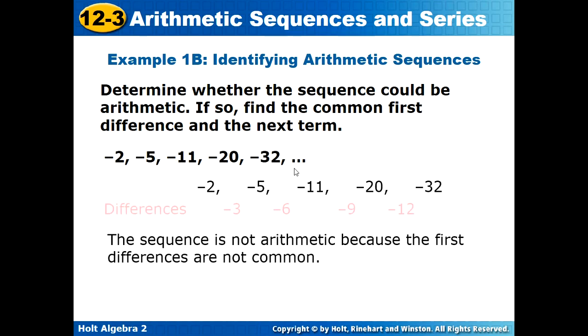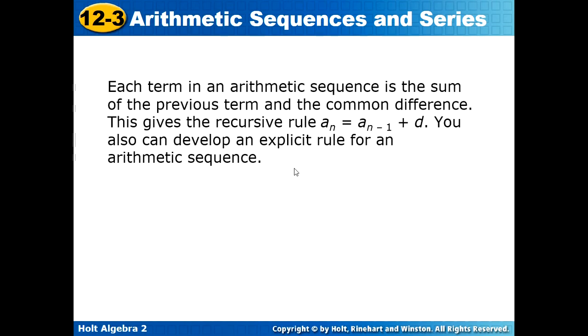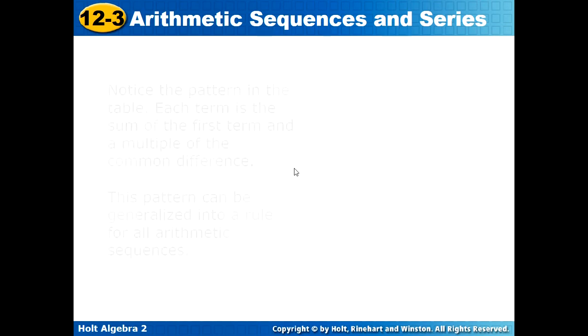That's what that slide is telling you. And because we know that, we can come up with the formula for arithmetic sequences, which is really nice. It is a sub n, so whatever term you're trying to find, equaling the previous term plus the difference. That's the recursive rule. You can also develop an explicit rule for an arithmetic sequence.